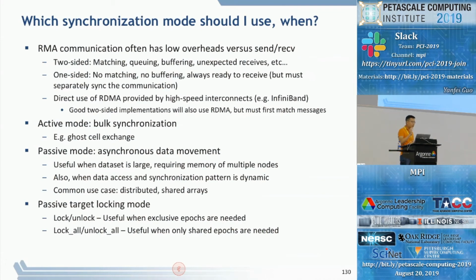So whether to use RMA solely depends on the algorithm that you develop for your application, whether the application fits better in a bulk synchronous model or it's more irregular so that you want to consider RMA. If you decide to use RMA, you need to choose whether to use the fence synchronization model or the lock and unlock.